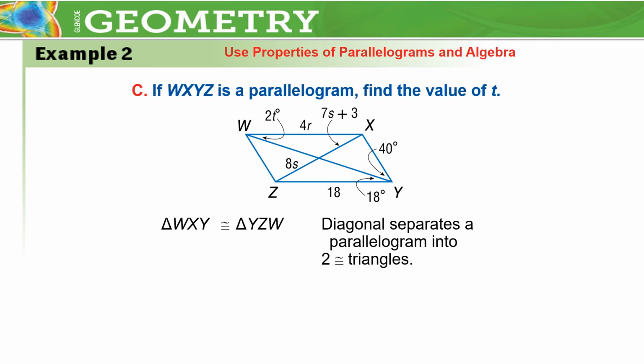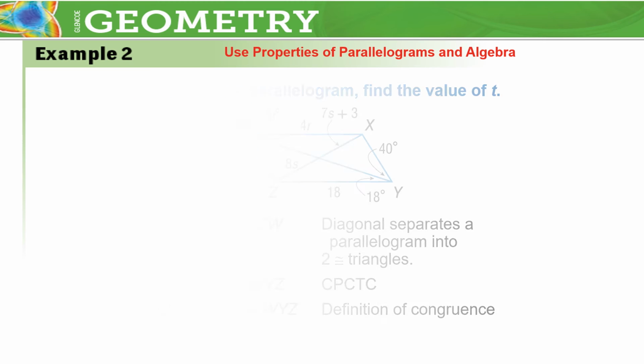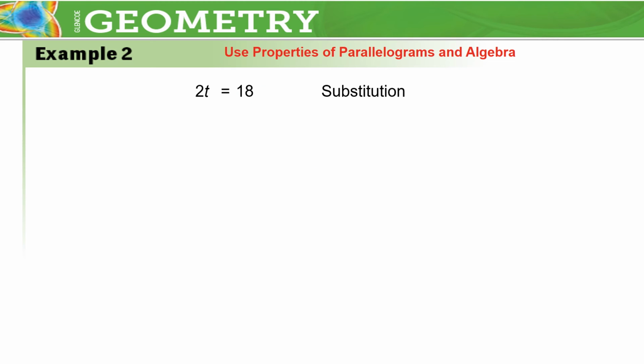Then XW is parallel to YZ. Then angle XWY equals angle WYZ by alternate interior angles. Then you can get 2t equals 18, then t equals 9.